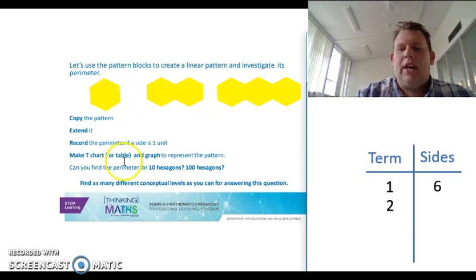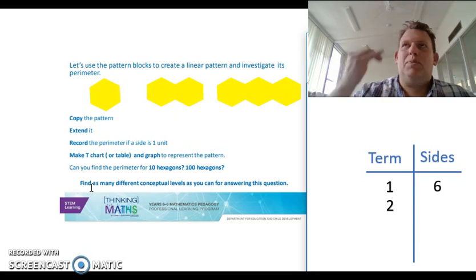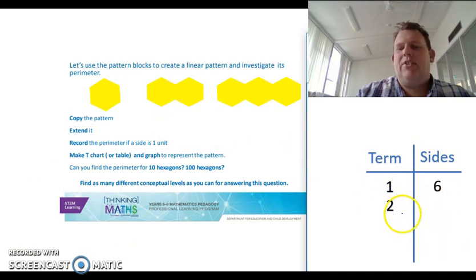Think about some different ways of getting to that 100 mark. One would be doing the T-chart and going 1 down to 100. I don't want you to do that, but I want you to think of some other ways, and then also give me the answer.